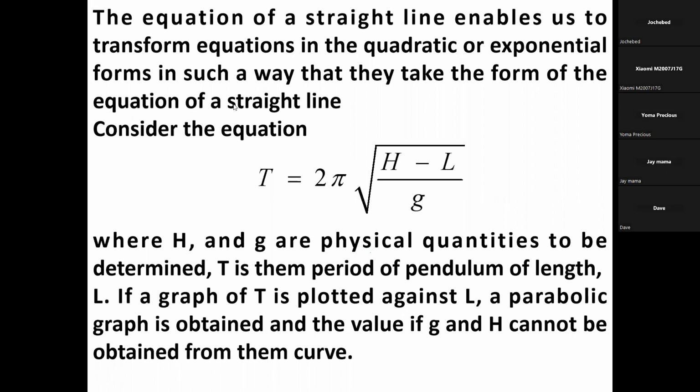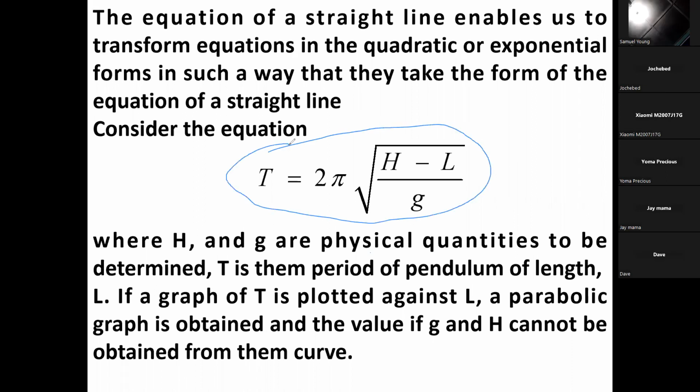But we will be asked to convert this type of equation to look like y equals mx plus c. How do we do that? That's when the theory of linearization of graph comes into place.